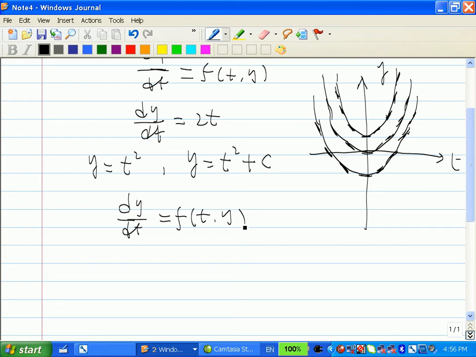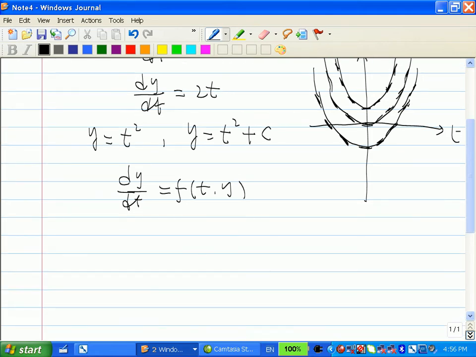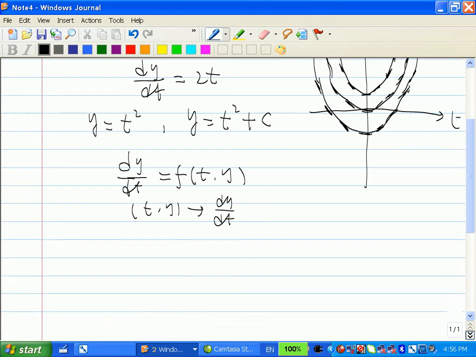Without solving, we can plot its direction field because you plug in your t and y, then you find your dy/dt, which gives you the slope of the tangent for the given curve. The solution for this differential equation is a curve, and dy/dt gives you the slope of the tangent.